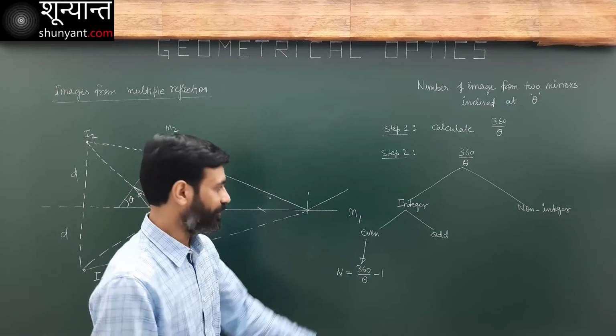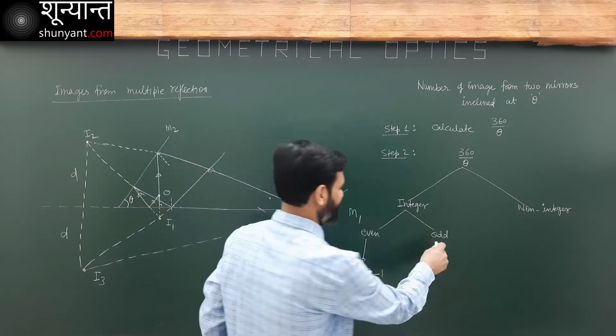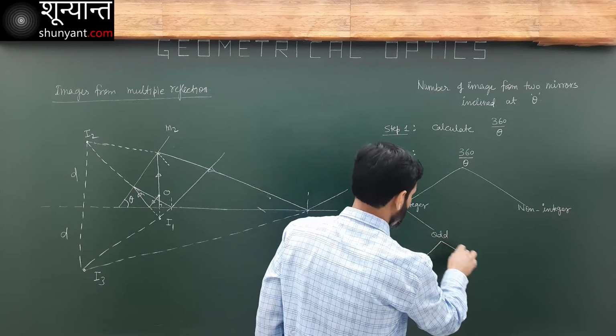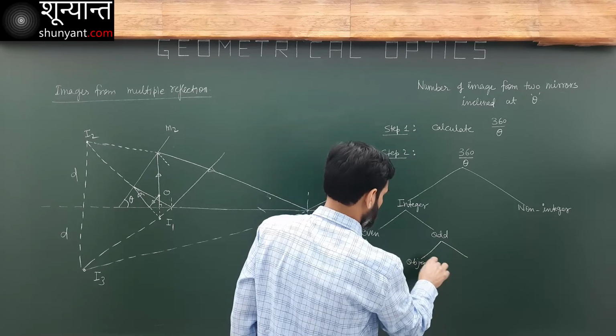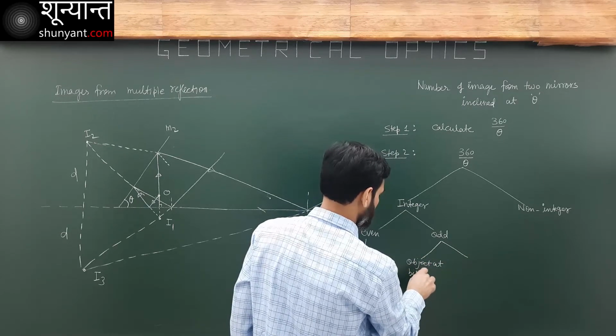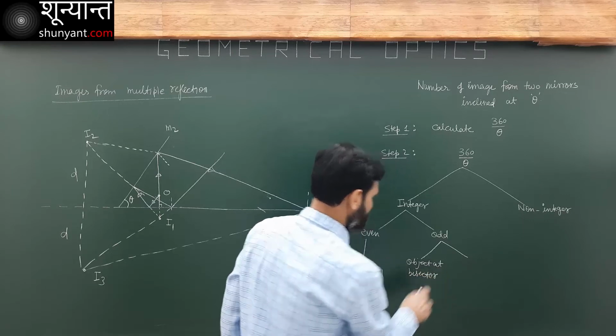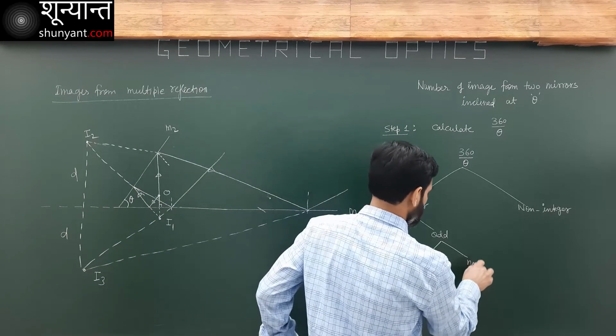Now, if it is odd, then we have two more options. What are the two options? Object at bisector, or not at bisector.